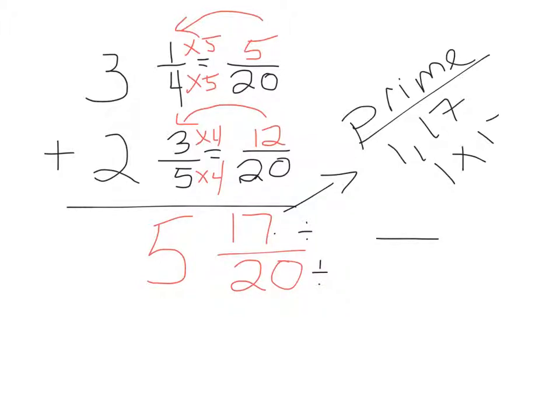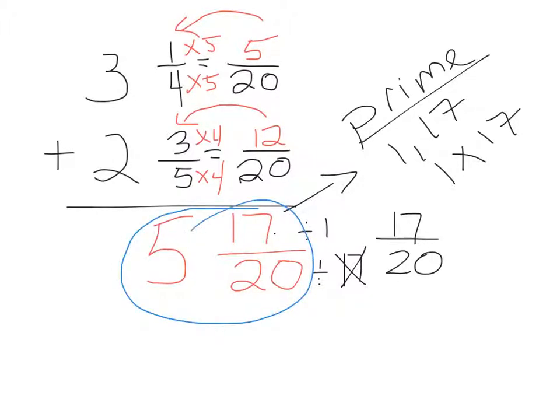That's 1 times 17. Therefore, there are really only two numbers we can choose from, 1 or 17, because those are the only two numbers that go into 17. Well, we could use 1, but that wouldn't change the fraction. If we divide by 1, again, we get 17 twentieths, and that would be a waste of our time. And we can't divide by 17 because 20 divided by 17, well, that doesn't work. So there's no way to simplify this fraction, and our final answer is going to be 5 and 17 twentieths.